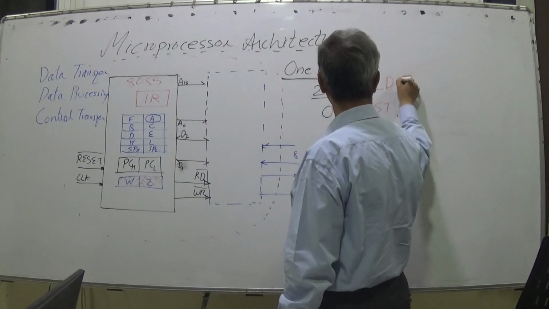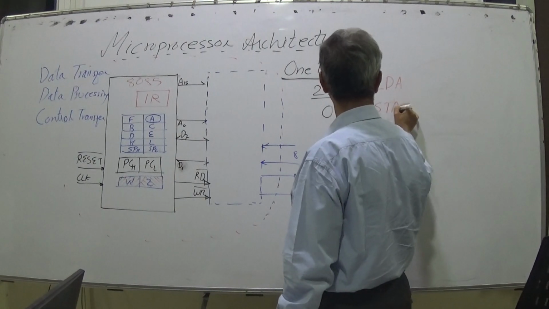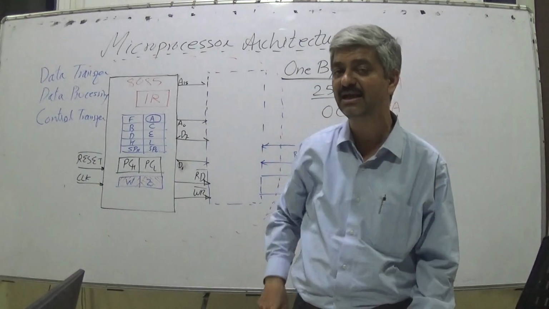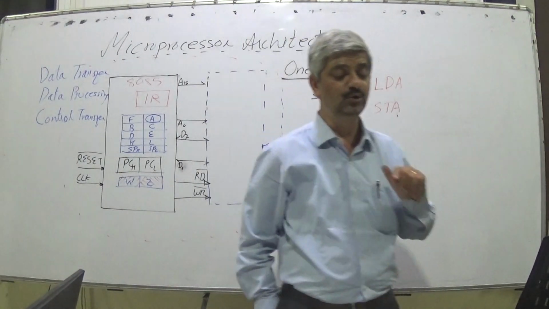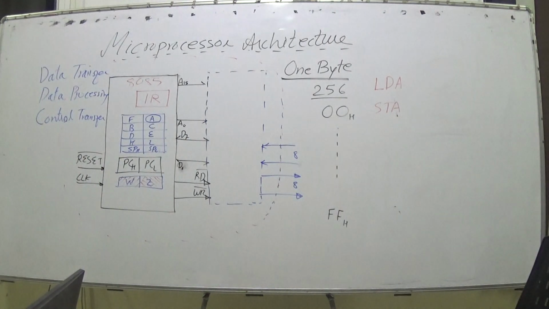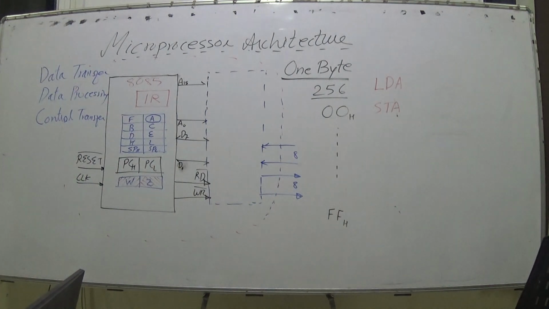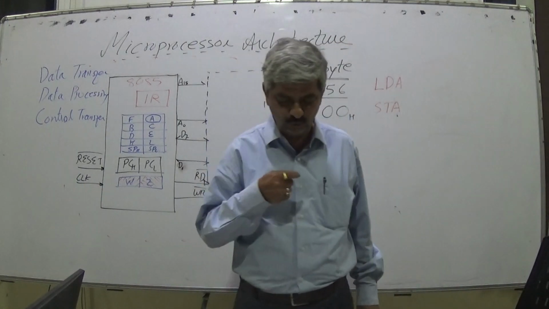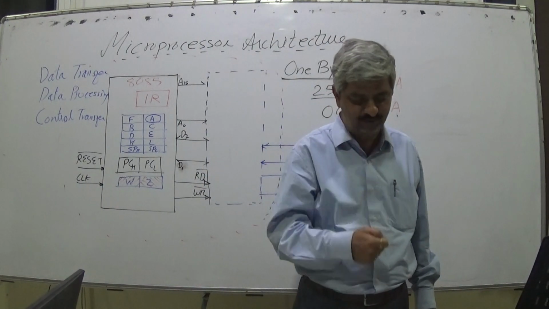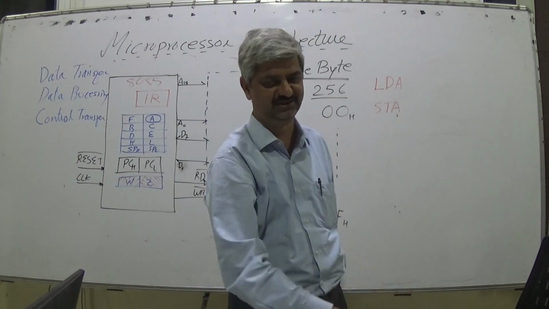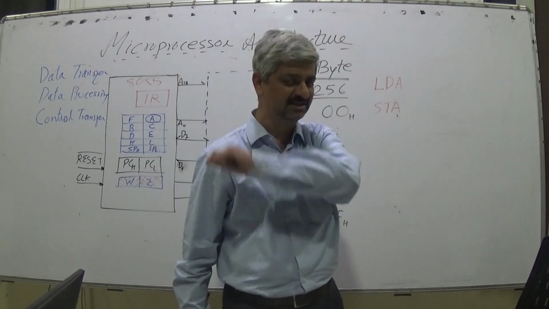And what? A. Why A? Because it is the accumulator. From where or to where? External. Loading the accumulator from outside means a question will come: where? That needs to be specified. Loading the accumulator from the external world means there can be 65,536 addresses, because you can load from any of the external addresses.